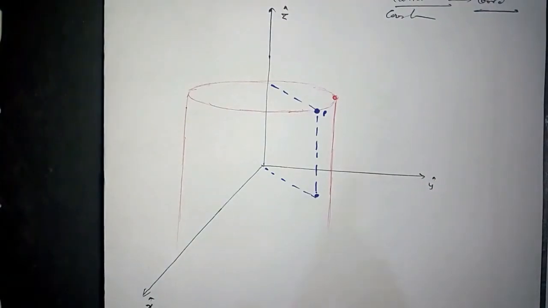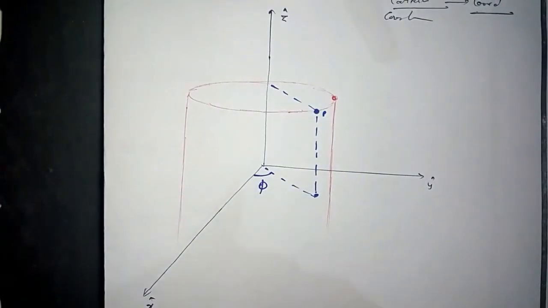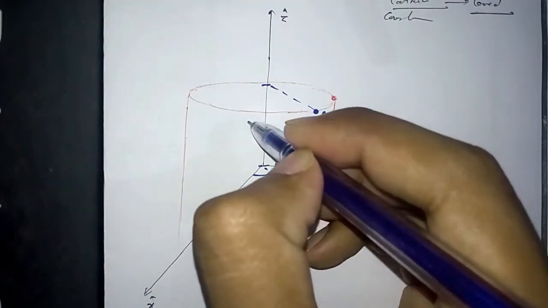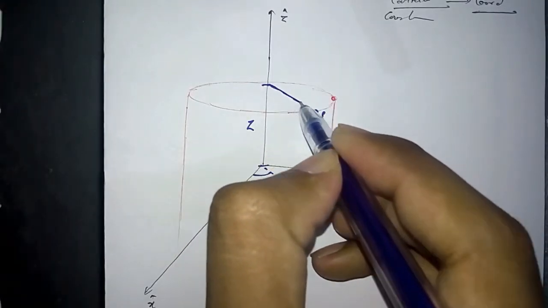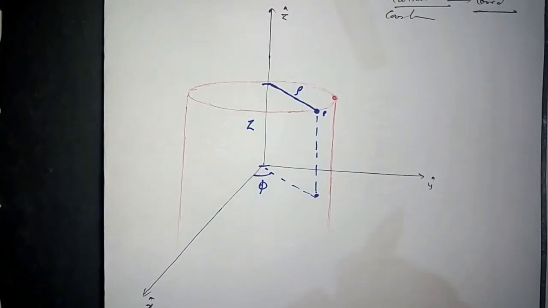So as we discussed in the last class, this is phi, from here to here this is z, and from here to here this length is r, which is the radius of the circle.